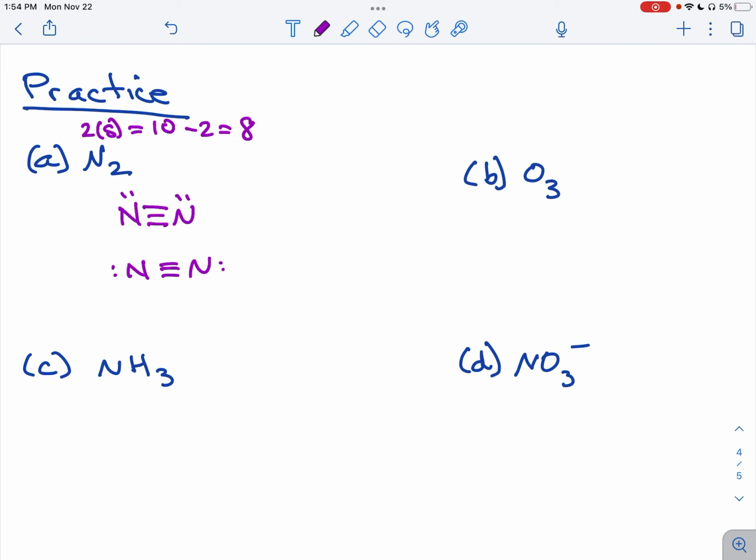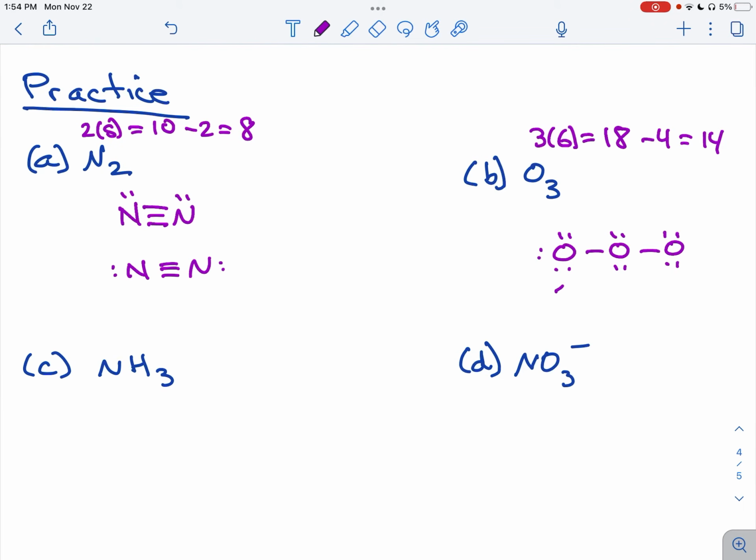Okay, for O3, you've got 3 times 6, that's 18. So we're going to use up 4 of those to hold the molecule together. So we got 14 electrons, 2, 4, 6, 8, 10, 12, and 14.